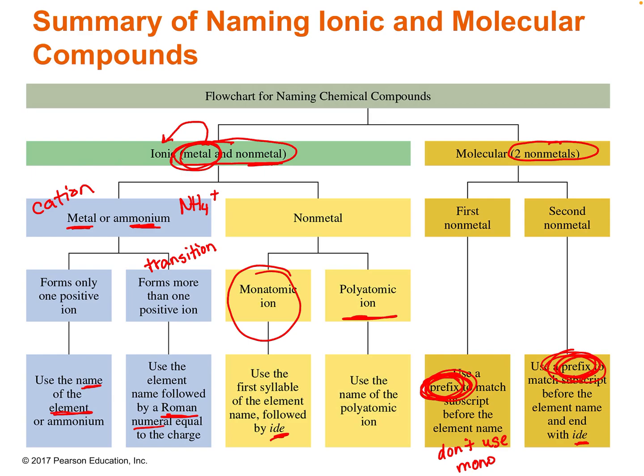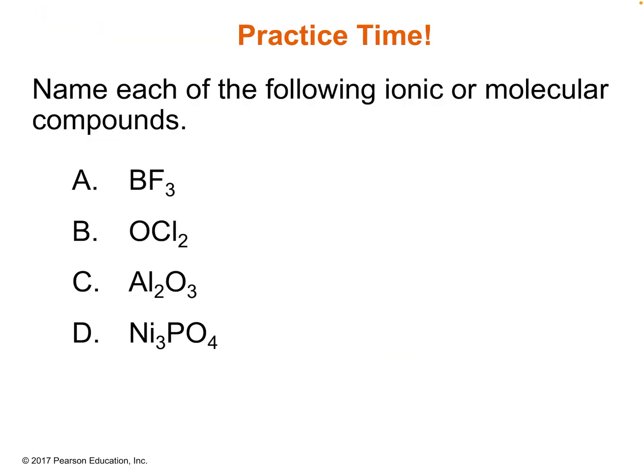Okay, so this flow chart will help you kind of organize your thinking and figure out, is it ionic and do I name it that way, or is it molecular and do I name it that way? So let's go ahead and try this out. So the first one, we have boron and fluorine. So boron, right, is a nonmetal, and fluorine is a nonmetal as well. So this is 2 nonmetals bonded together.